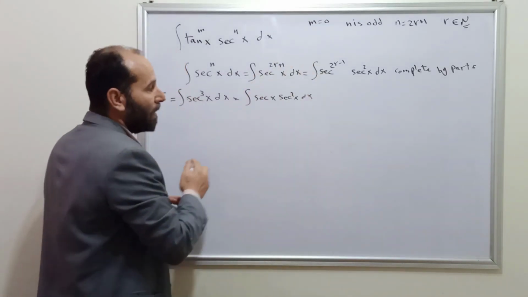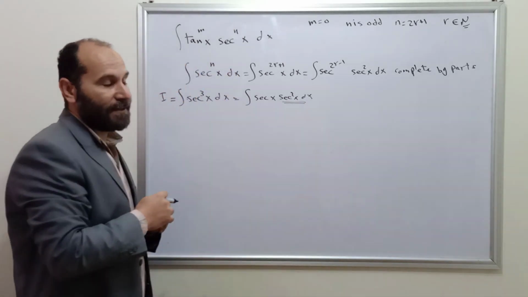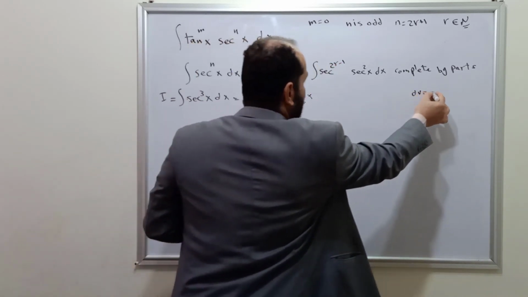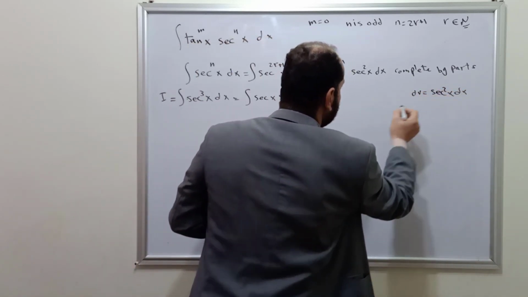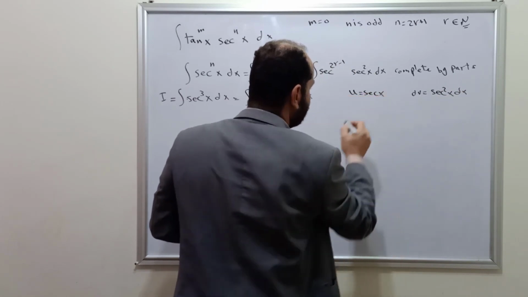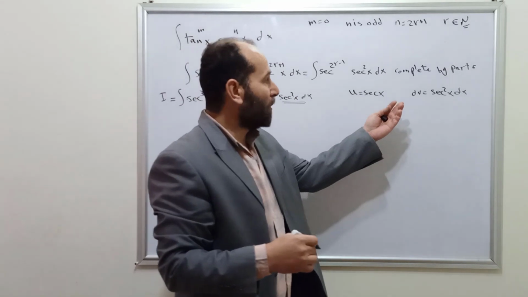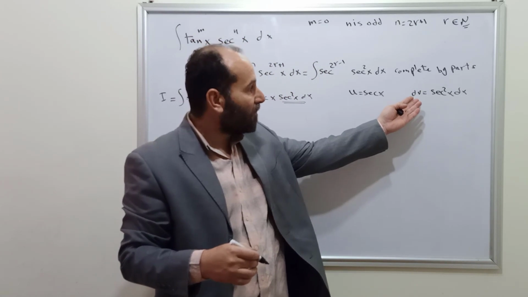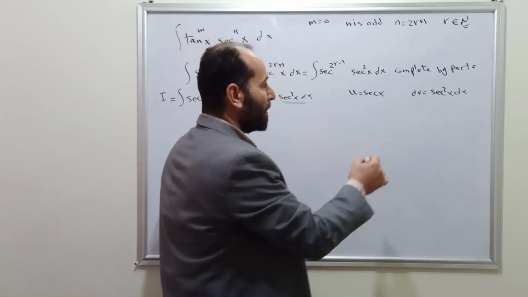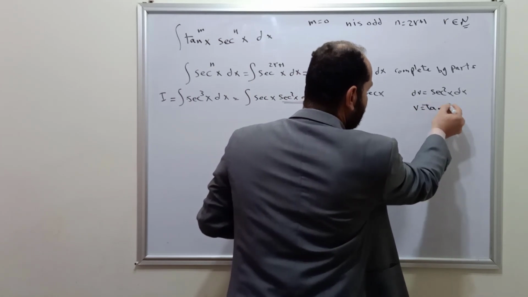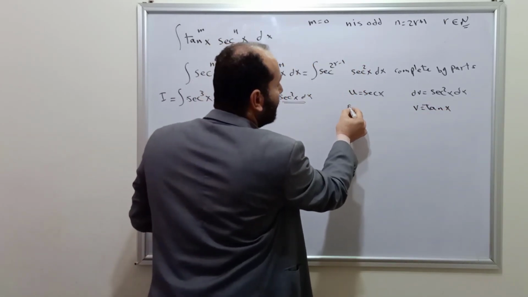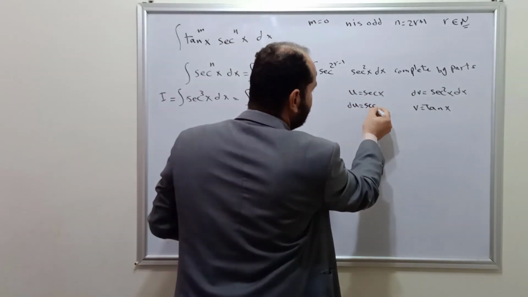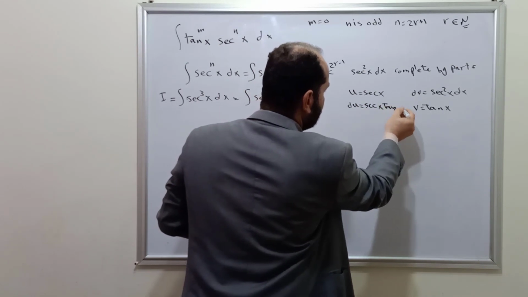By the rule, we take sec squared x dx equals dv, and u equals sec x, because we can find v from dv by integrating sec squared: v equals tan x. And we find du, the derivative of sec, equals sec x tan x dx.